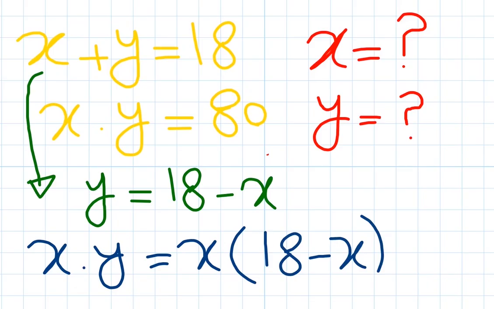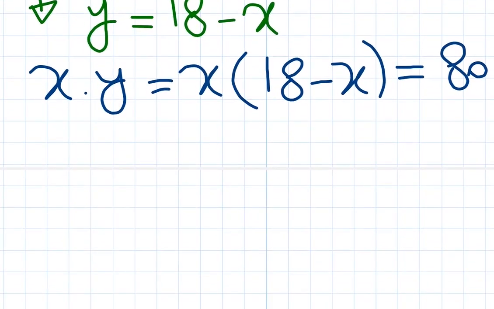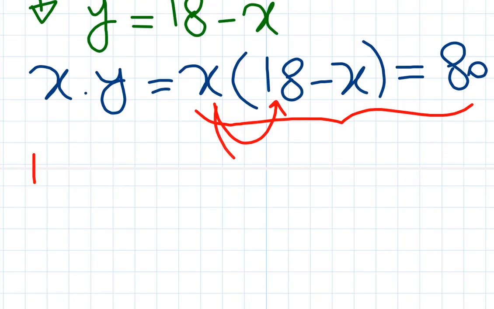Now, how much is the product x times y? It equals. Now, I will simplify this form of the equation. So I will simplify this value and the equation. This x times 18 and again times negative x simplifies to 18x minus x squared, which equals 80.